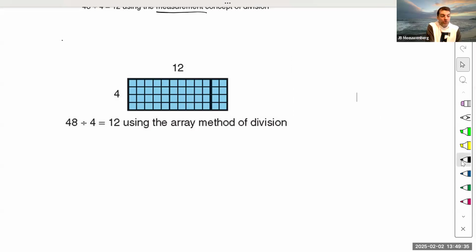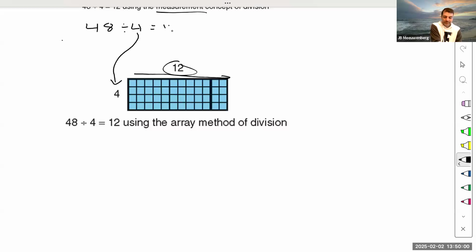And so maybe what you did was you said, all right, if I have to do 48 divided by 4, could I take my 48 pieces, arrange them in a rectangle where one of the sides of my rectangle is 4, and then count how many I have on the other side of my rectangle? 12. Yeah. And so this is another possibility. This is using the array method of division.